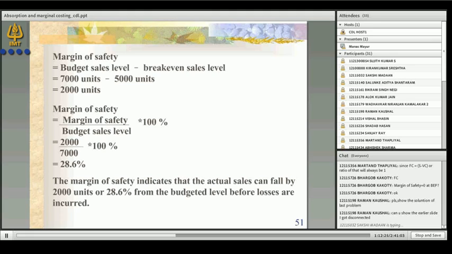Marginal costing was more relevant for us because it concentrates on variable costing, and in actuality it is only variable costing that changes with production. So if you need to take some decision based on production, then only variable costing should be part of the consideration. That is why marginal costing is more relevant as far as costing is concerned.